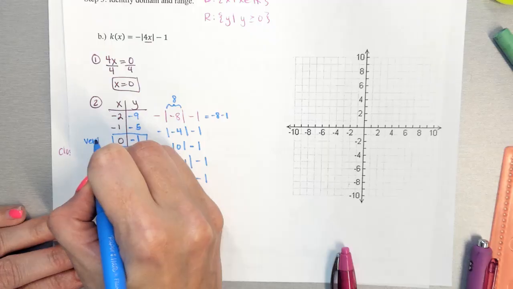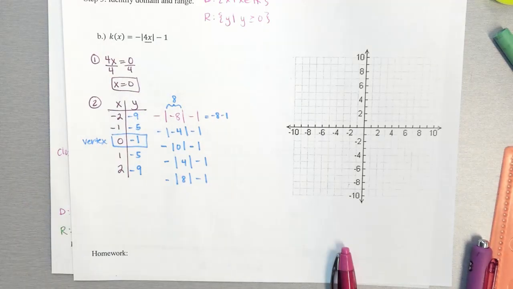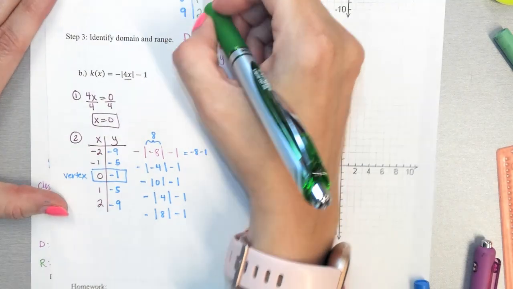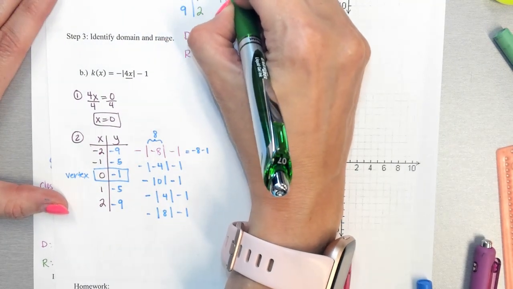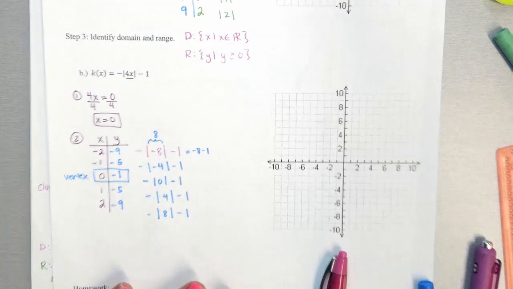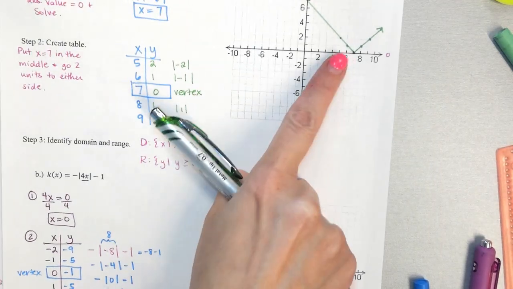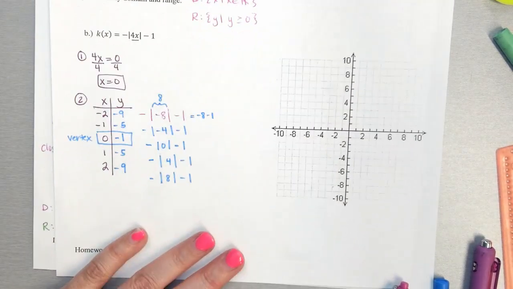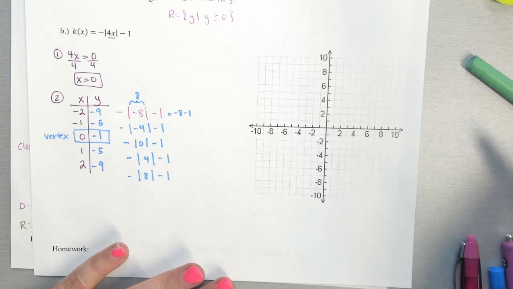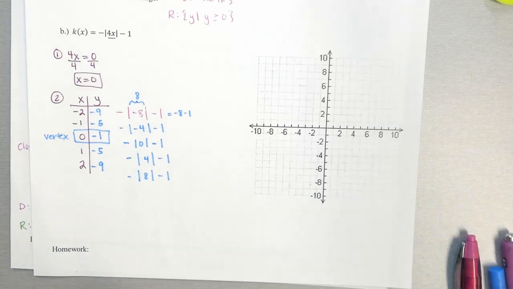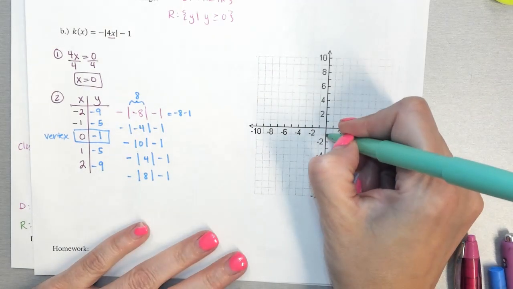Okay, the center is always going to be your vertex. Okay, so this is your vertex here. 7, 0 is your vertex. Okay, this is what our vertex was for the first one. So when I'm graphing this, I like to start with my vertex at 0, negative 1.